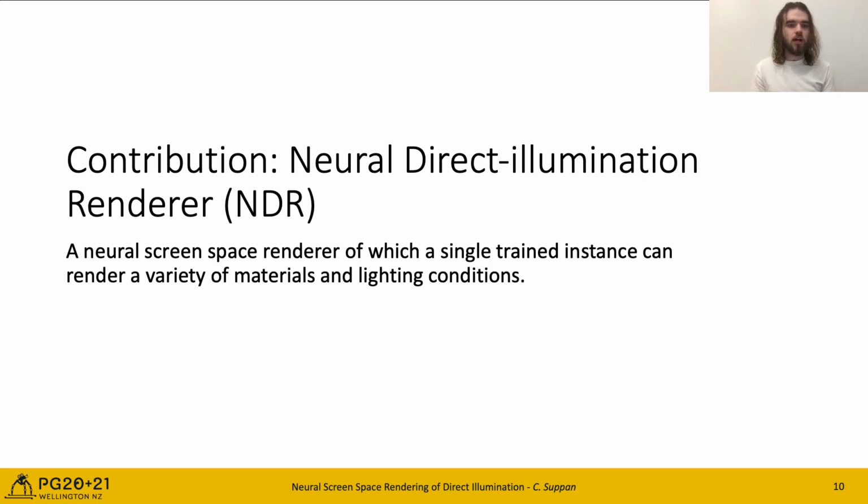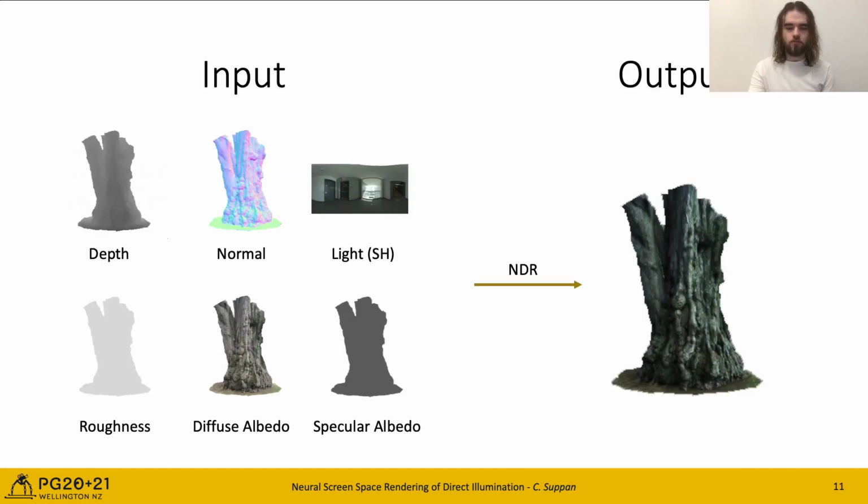That brings me to our contribution, the Neural Direct-illumination Renderer, a neural screen space renderer of which a single trained instance can render a variety of materials and lighting conditions. The NDR maps deferred buffers of depth, normal, roughness, diffuse albedo, specular albedo, and light encoded as spherical harmonic coefficients to a rendered image.